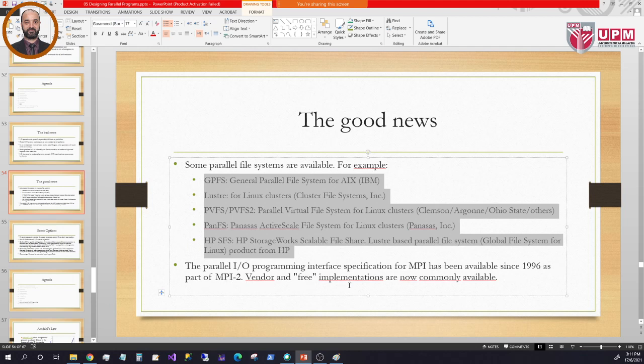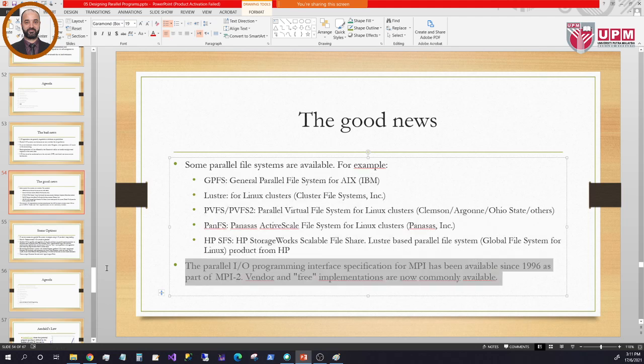Vendor and free implementations are now commonly available. So here there are some open source software or platforms that are available and could be used for free to improve the I/O programming interface and performance.